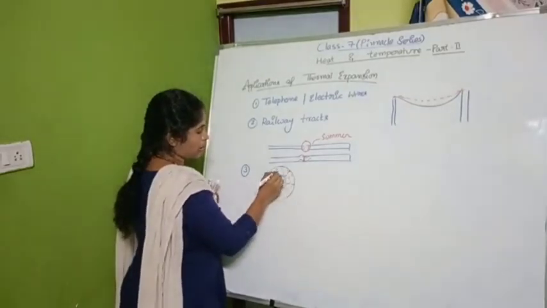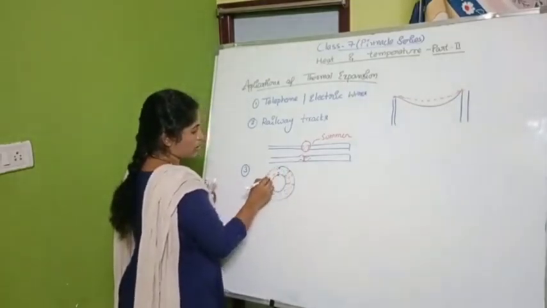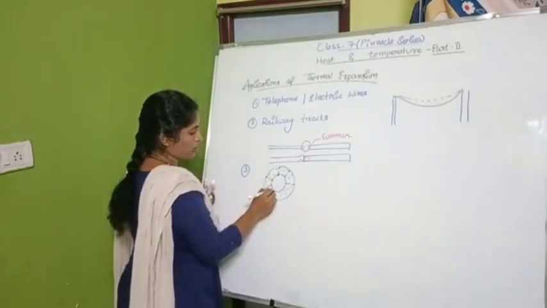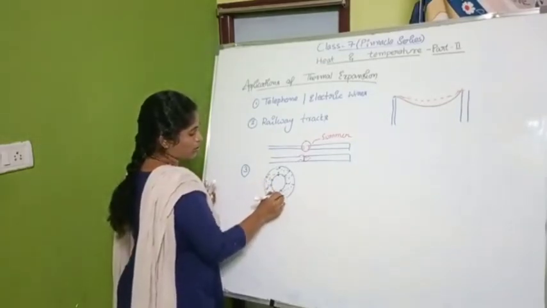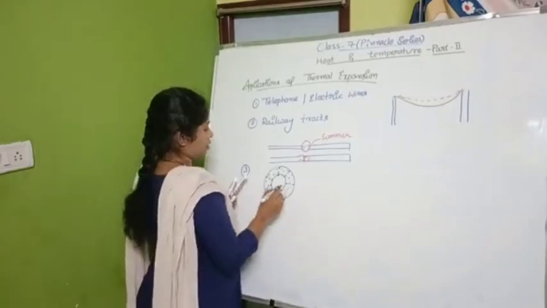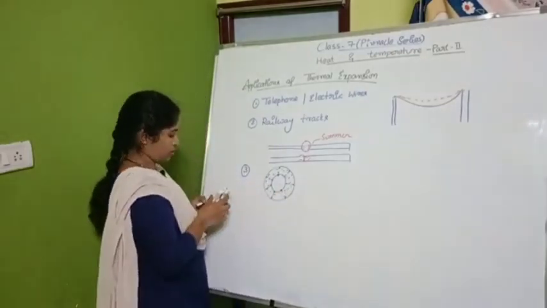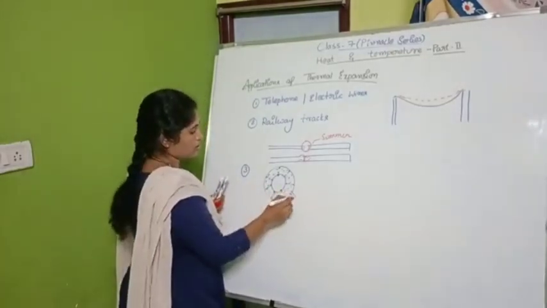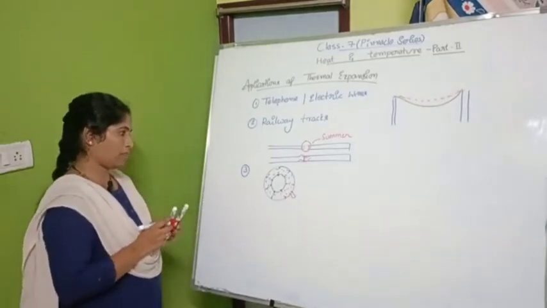They'll create a pressure on the walls of the tire. So at that time there is a chance of the blast of the tire. That is the reason, right?